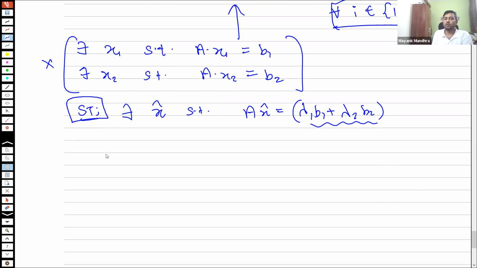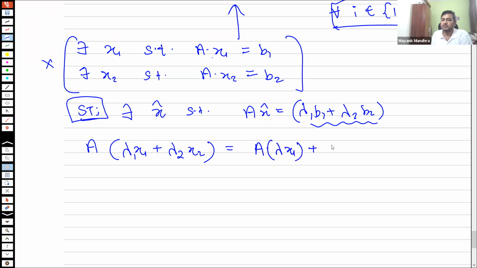Now, in order to show this, remember that x1 is a solution to Ax1 equals b1. So (lambda 1 x1 plus lambda 2 x2), a vector, when multiplied by A, is going to be A times lambda 1 x1 plus A times lambda 2 x2.